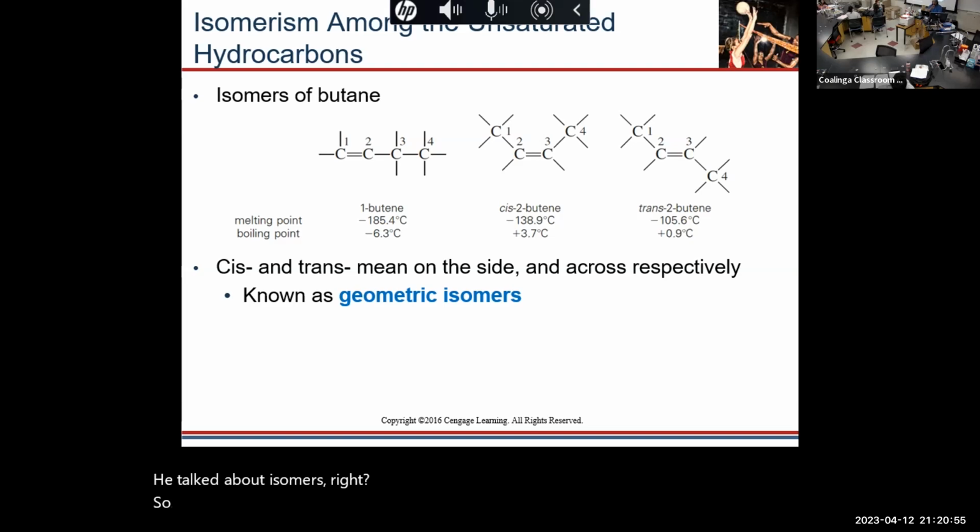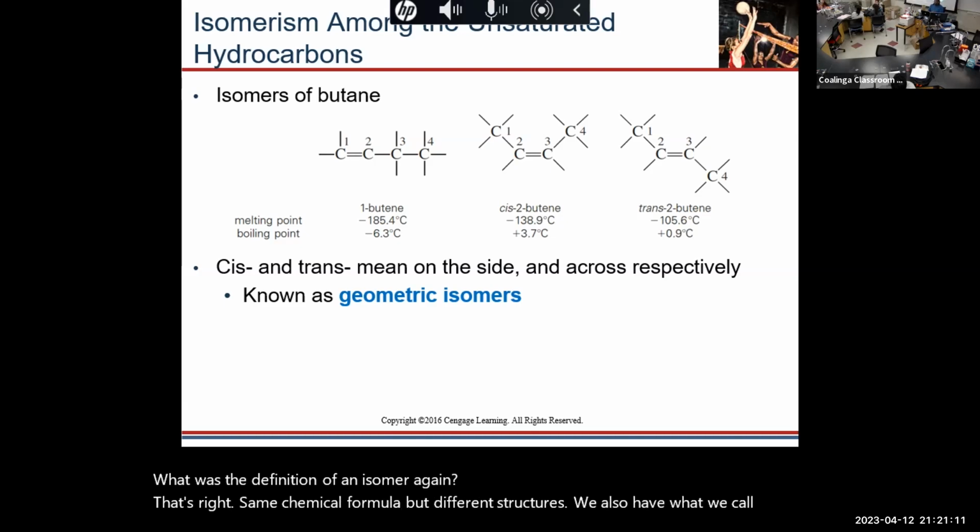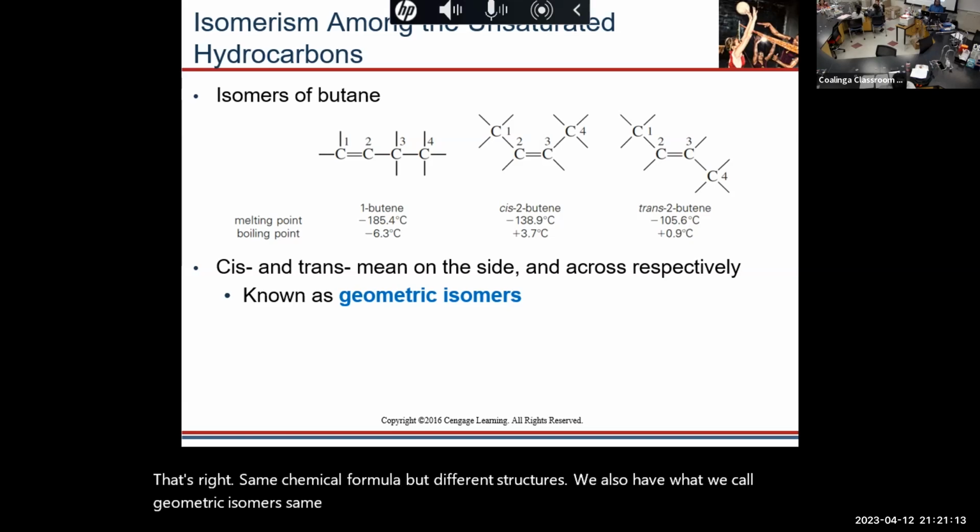So what was the definition of an isomer again? That's right. Same chemical formula, but different structures. We also have what we call geometric isomers. Same chemical formula. Their structures are slightly different.